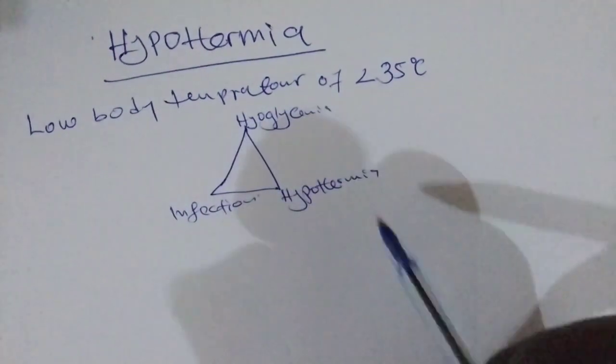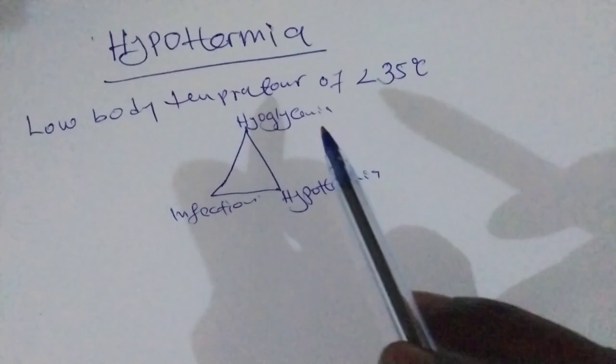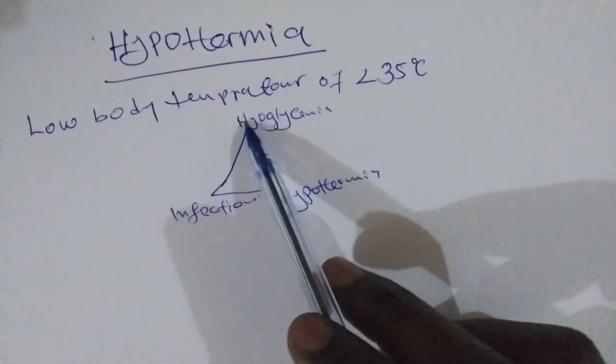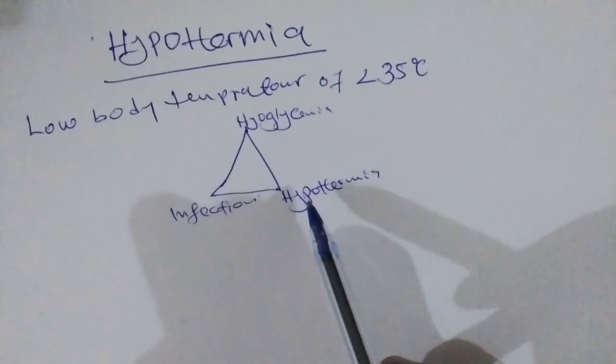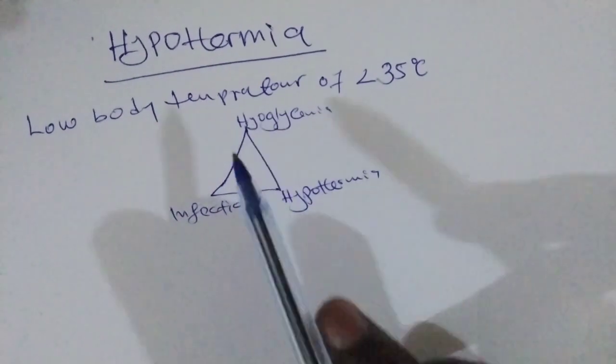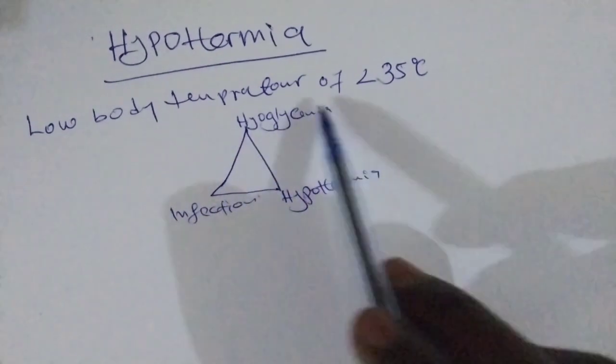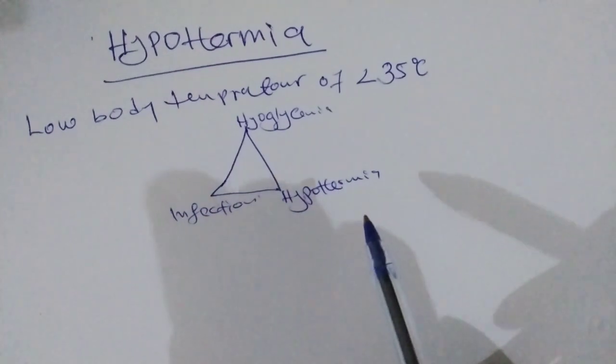If you get any of these, you have to manage all. If you get hypoglycemia, you need to manage hypothermia. If you get hypothermia, you need to manage hypoglycemia and infection. You manage all these at once.